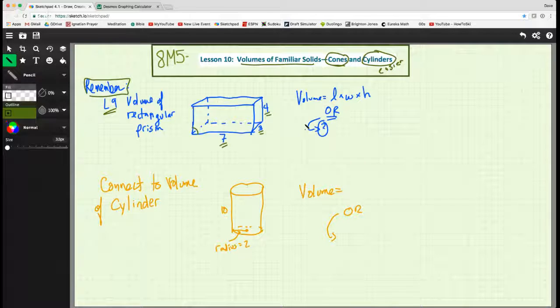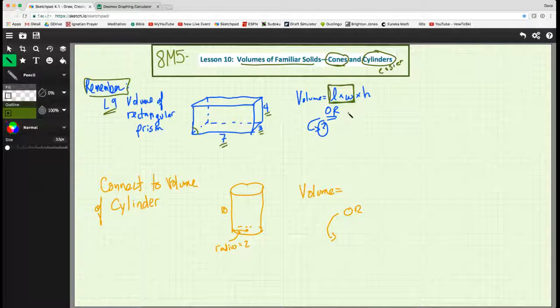Maybe your teacher talked about this in class: the volume is the length times the width times the height. But what is this length times this width?